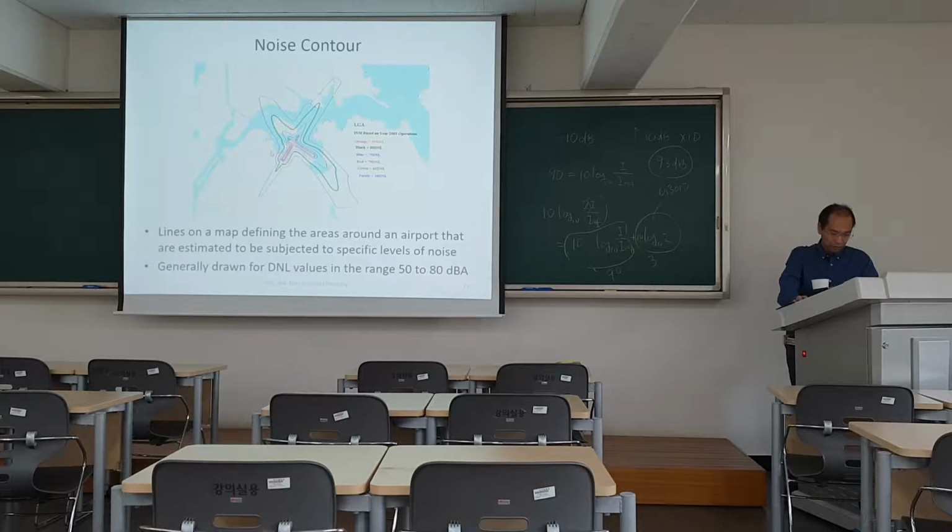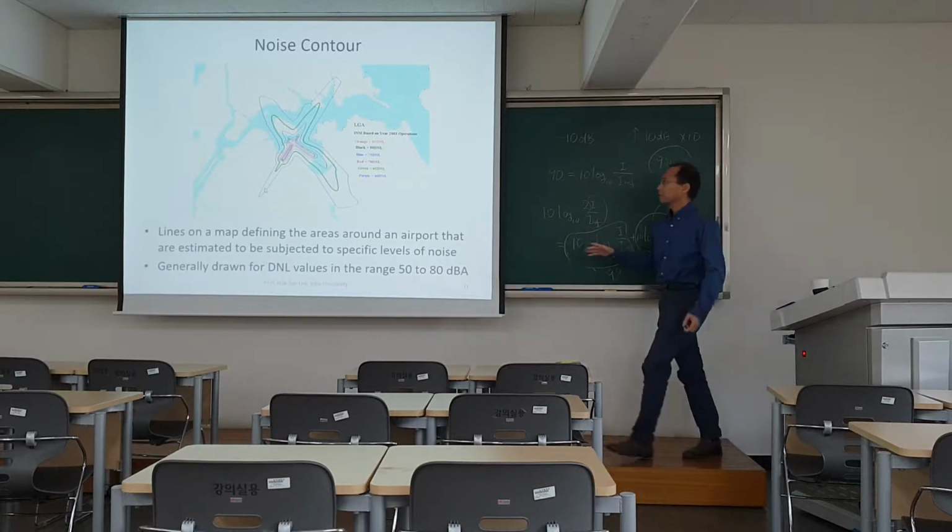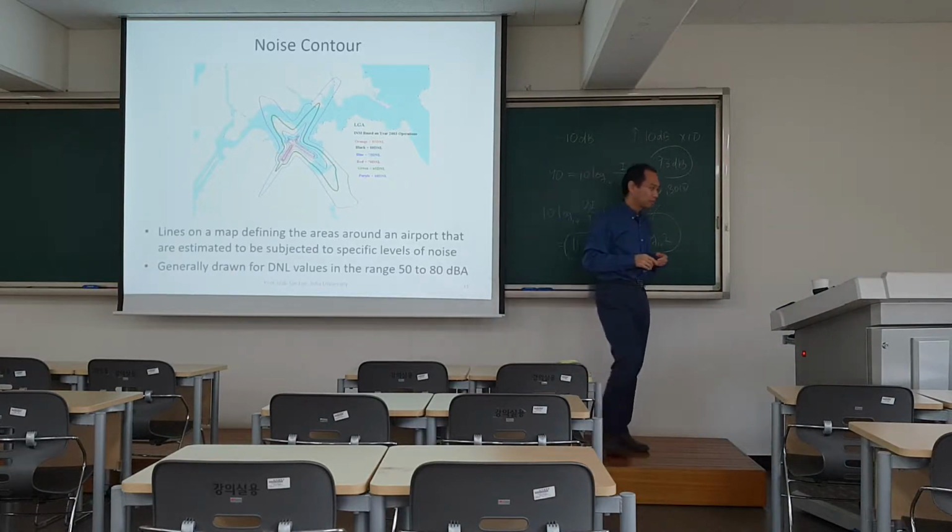Here, you're closer to the airport, but it's lower than 60. At this point, you are farther away from the airport, but your noise level is between 65 and 60. So this kind of contour can be useful.